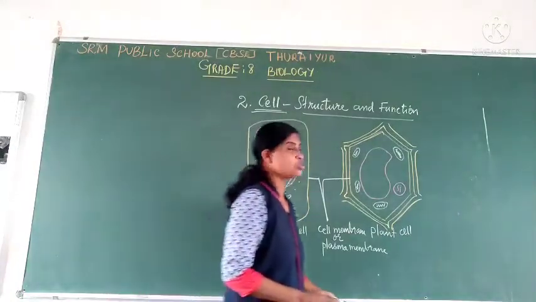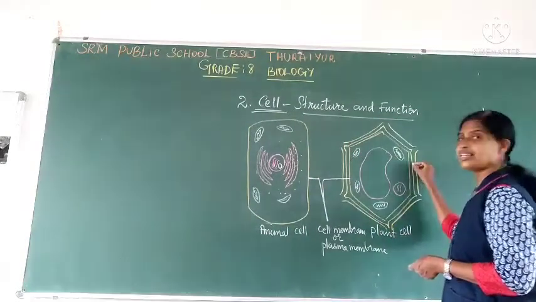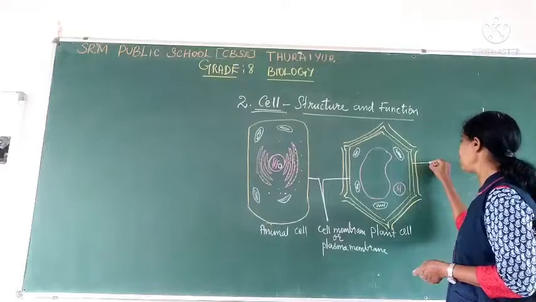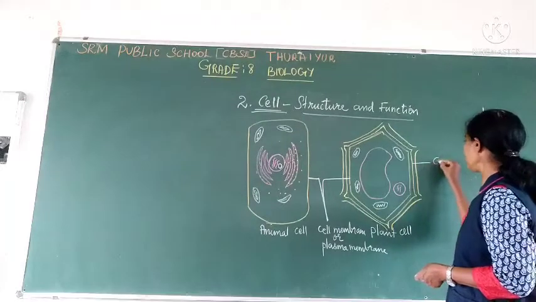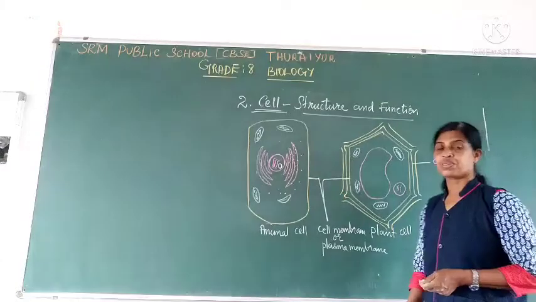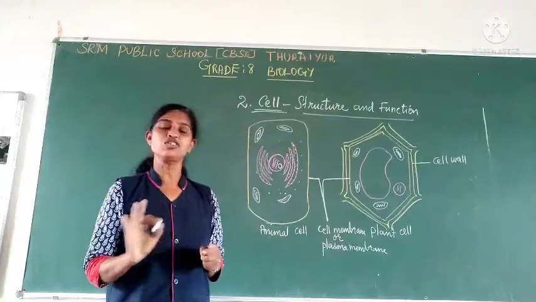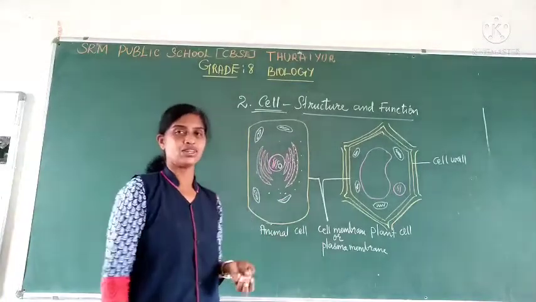In addition to this, in plant cells you will get an additional cover that is called the cell wall. The cell wall is found only in plant cells. It is not found in animal cells.